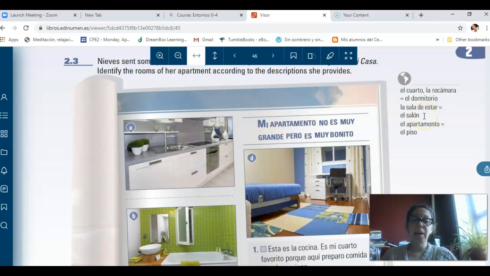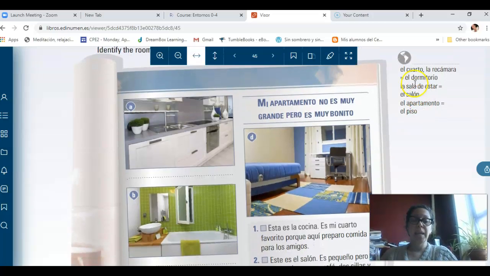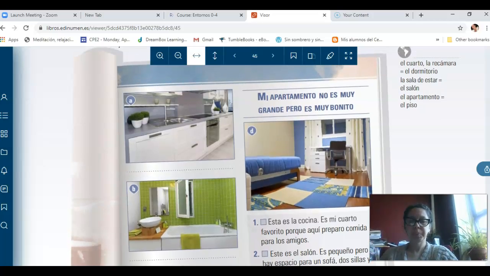In America Latina, we use la sala. We use the short form. Okay? In Spain, they use el salón de estar. And then, in America Latina, we can use el apartamento o el departamento, ¿verdad? But in Spain, they're going to use el piso. Okay? El piso, the floor.